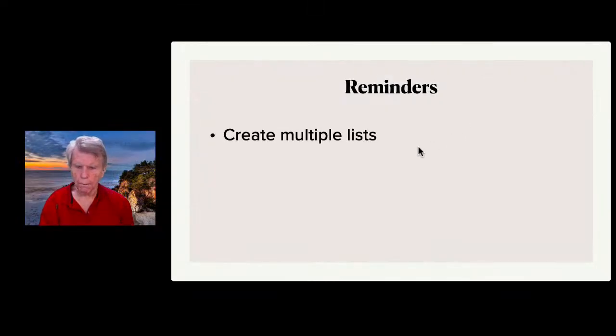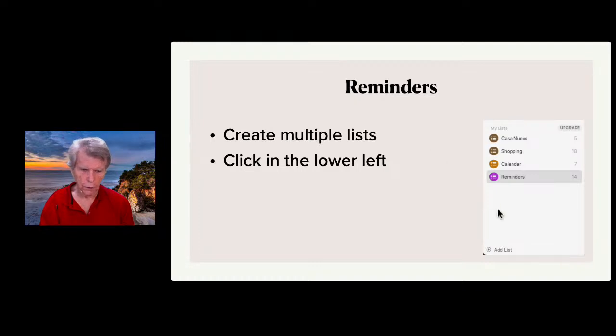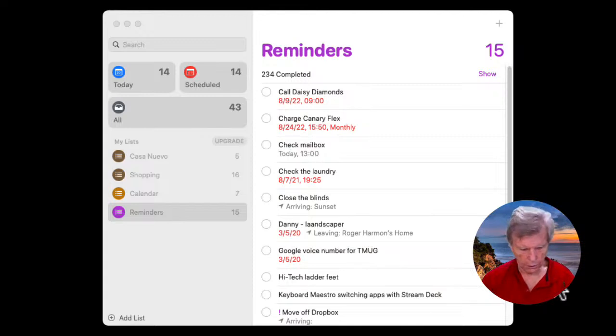So you can create multiple lists. The way you do that is you click in the lower left. So here's the window. In the lower left you have a circle with a plus in it, and next to it it says add list. So let's look at that.